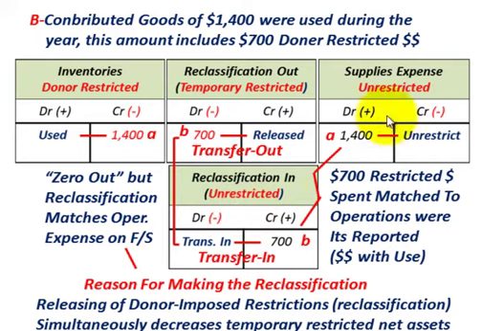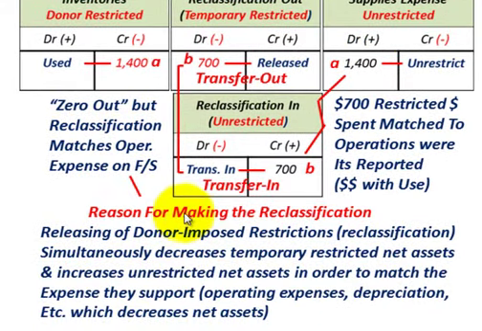So these expenses were spent based on the donor restrictions. And then when we do our financial reporting, we have to match our dollars. Our actual dollars spent became unrestricted dollars, and they're going to be matched with the unrestricted expenses. So this is it.